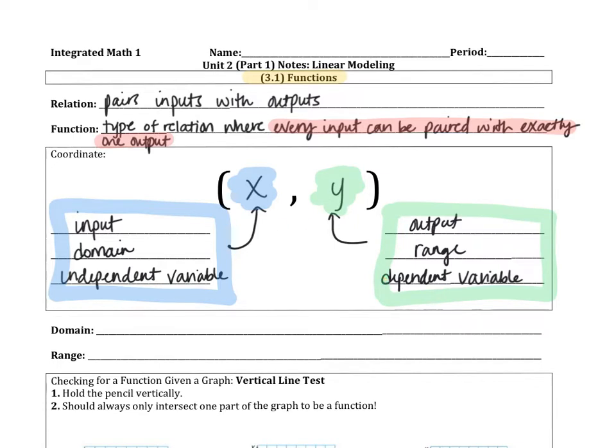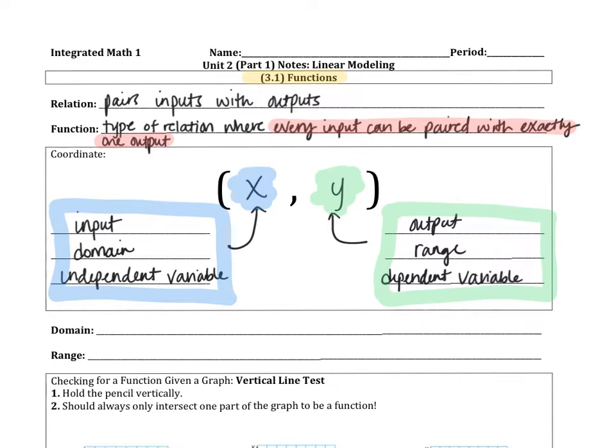Whichever pair of words we use, we know these words mean x and these words relate to y. So when I say every input can be paired with exactly one output, what I mean is every x value can be paired with exactly one y value or output. And we're going to look at what that means.